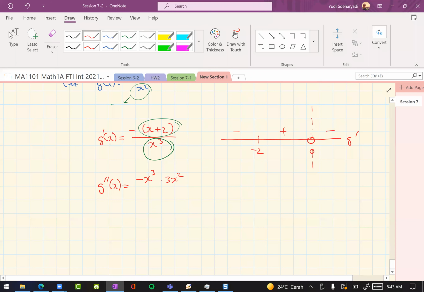So it becomes a plus, over x to the 6. Okay, and let's simplify this. So we have x cubed, 3x cubed, so you have 2x cubed plus 3x squared over x to the 6.